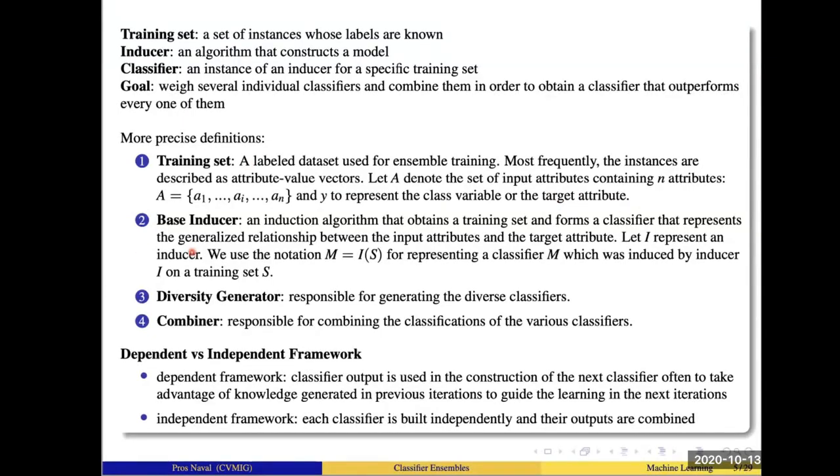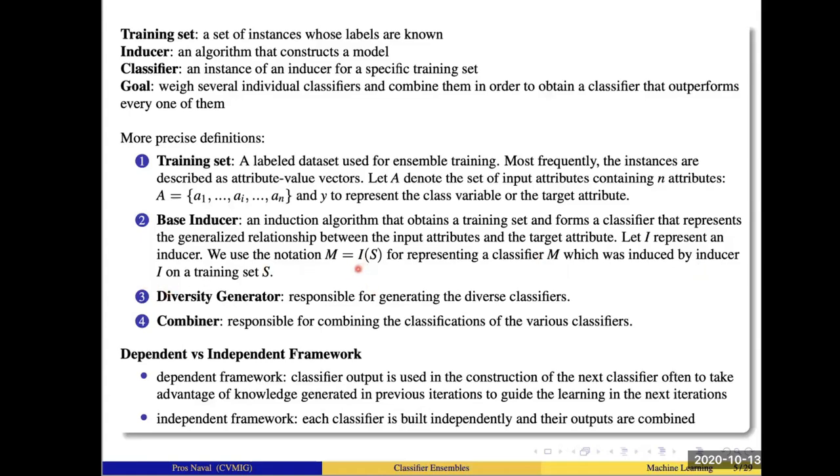Then we have the inducer, which is an induction algorithm that obtains a training set and forms a classifier that represents the generalized relationship between the input attributes and the target attribute. Let I represent an inducer. We use the notation M equals I of S for representing a classifier M which has been induced by an inducer I on the training set S.